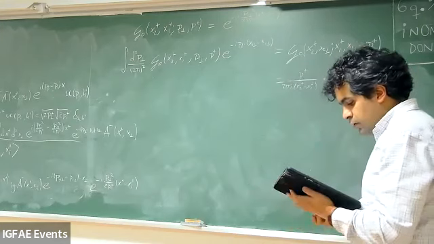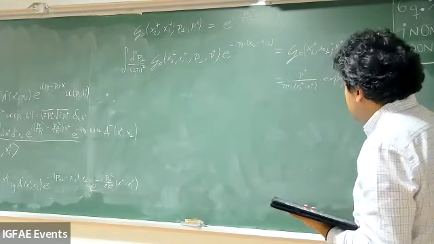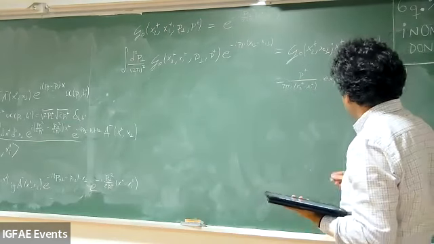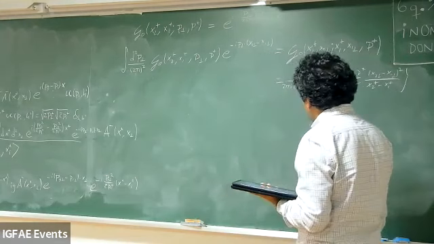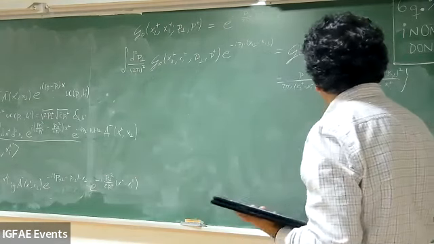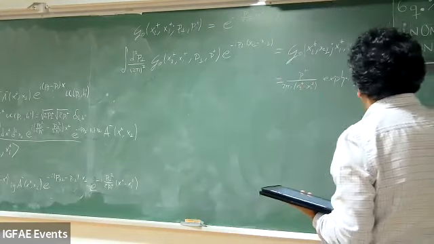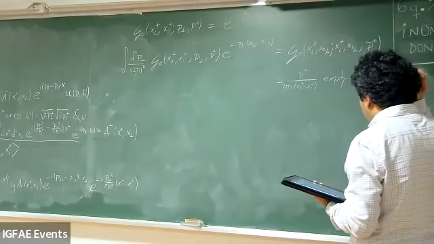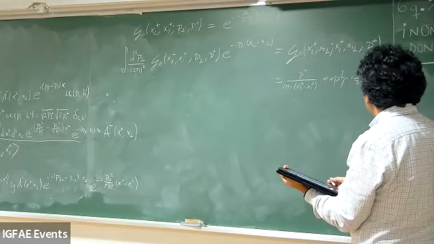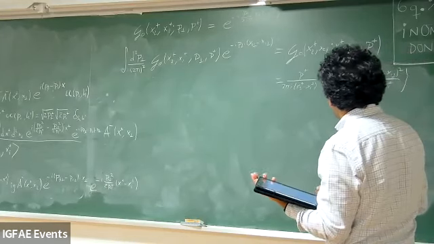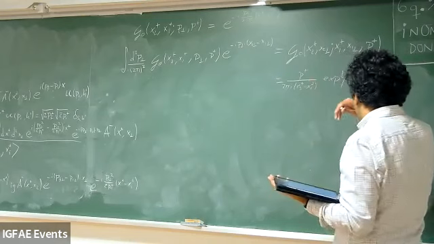And also this object has a path integral representation, because this is a free propagator in two dimensions where the P plus plays the role of a mass.